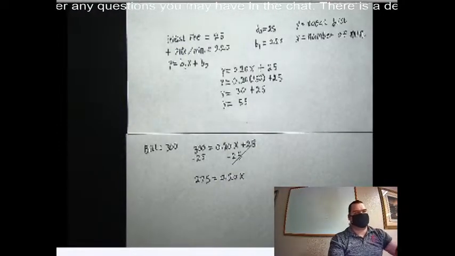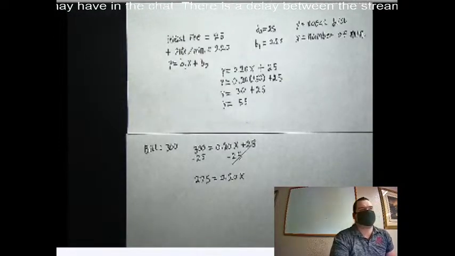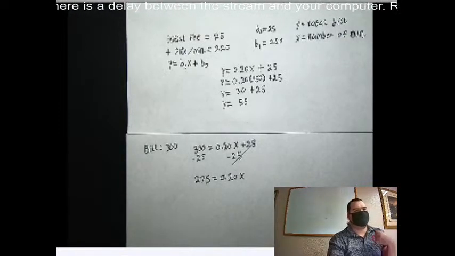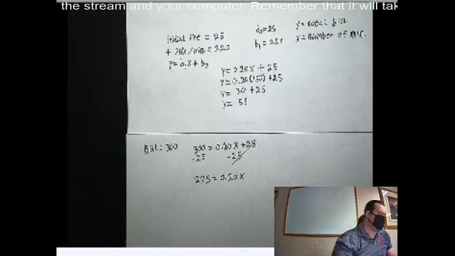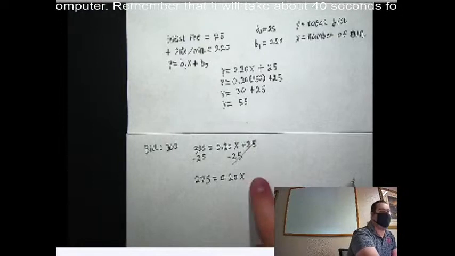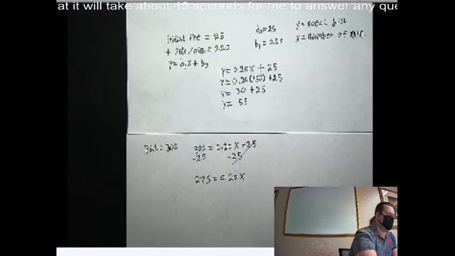So now our equation looks like this: 275 equals 0.2x. Again, we want to get x by itself. We want to cancel everything that is not an x. Well, like I said, we could divide by 0.2. And now that we don't have an extra number over here that we'd have to divide by, that's going to be pretty easy.